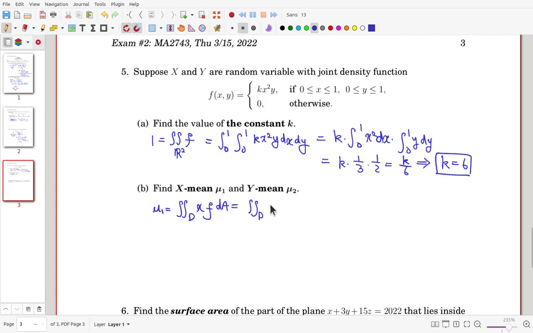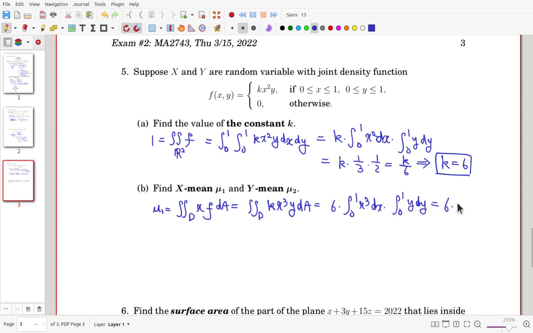For this one, the integral over D, and we already know k is 6, and x is multiplied, so k times x cubed y dA. Okay, k is 6, so we have a 6, and it is again separable. So we can write the integral from 0 to 1 of x cubed dx times the integral from 0 to 1 of y dy.